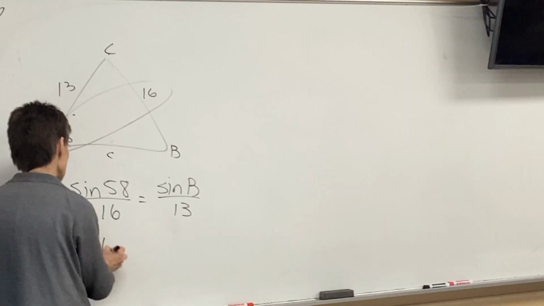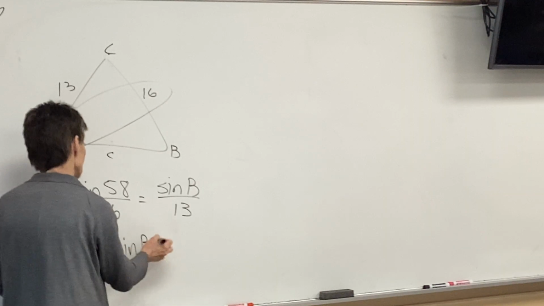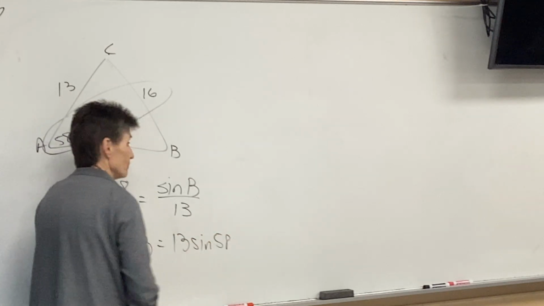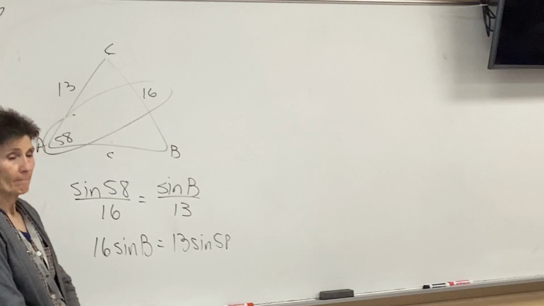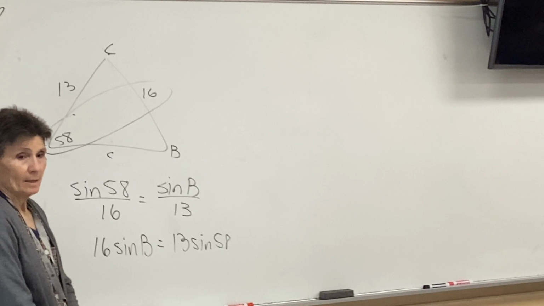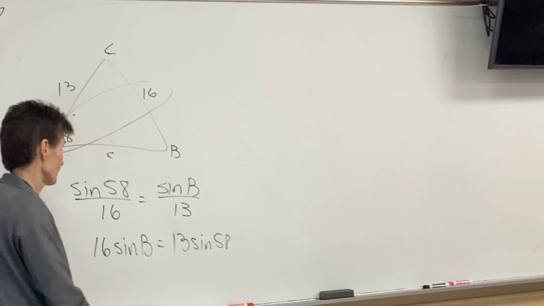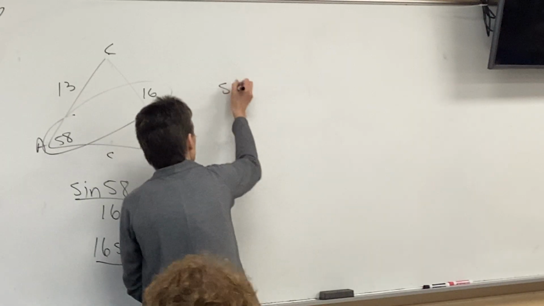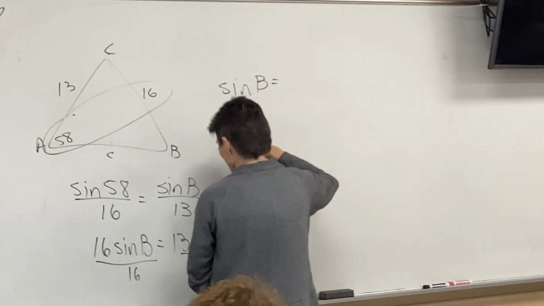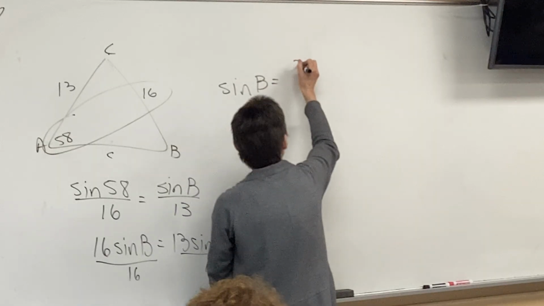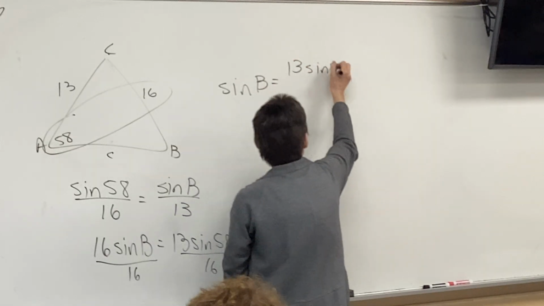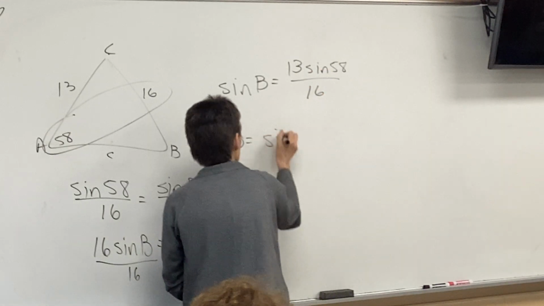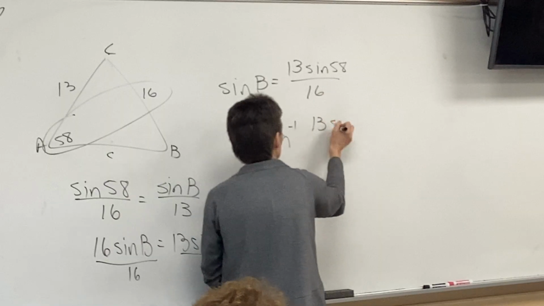All right, so 16 sine B equals 13 sine 58. And then what do I divide by? 16. Just 16, very good. And then, because I'm looking for an angle, I'm not just gonna type it in, I'm going to have to second sine it, inverse sine it.